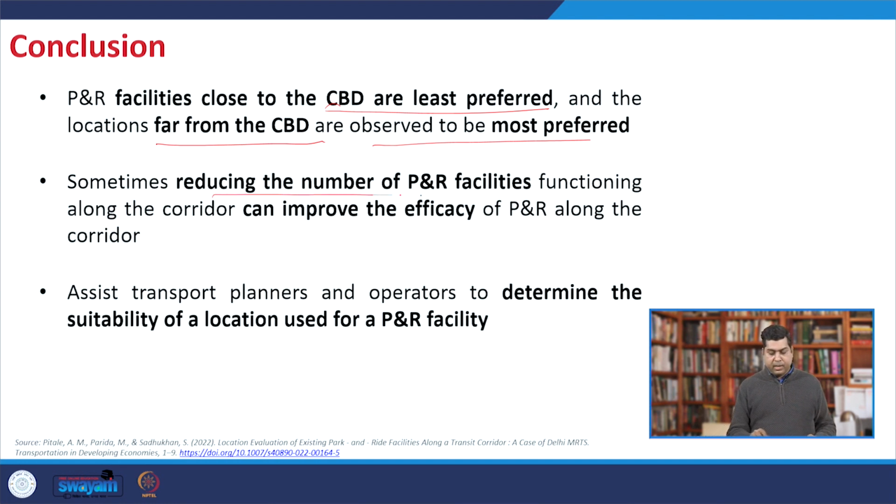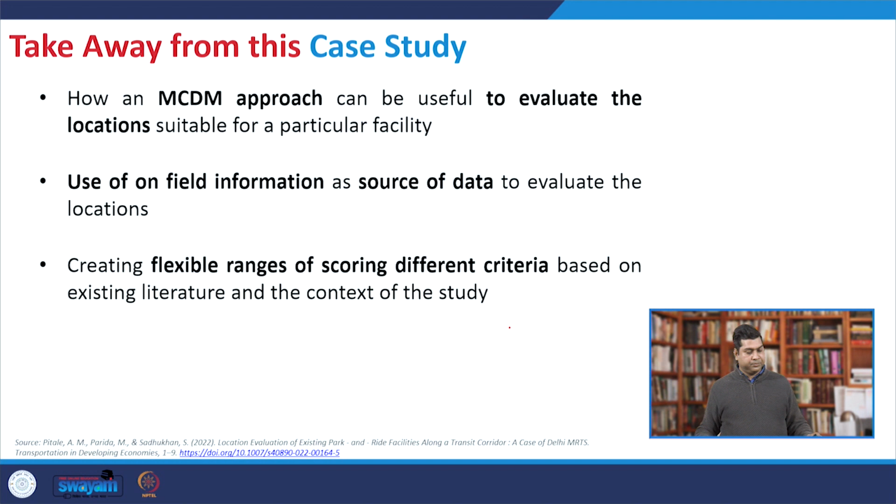Sometimes reducing the number of PNR facilities functioning along the corridor can improve the efficiency, because some of them are not working fine. So it's better not to just invest more on that, rather you can improve or augment the capacity where it is being used. This can assist the transport planners and operators to determine the suitability of a location in this context.